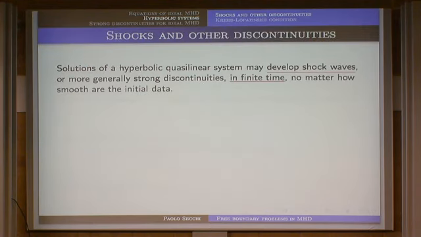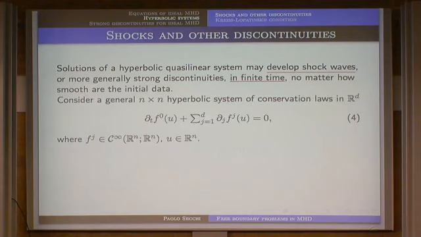Okay, now other things. We know that in general the solutions of a hyperbolic quasi-linear system may develop singularities in the form of shock waves, or more generally other kinds of strong discontinuities, in finite time, independently of the regularity of the initial data. So now we consider this general hyperbolic system of conservation laws.